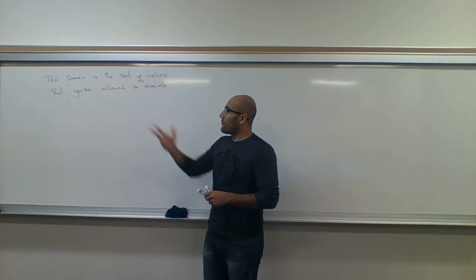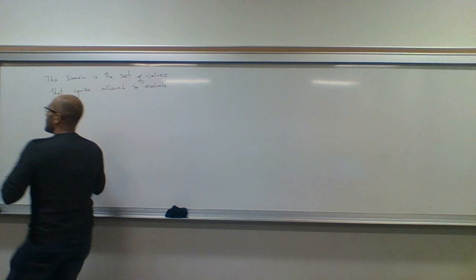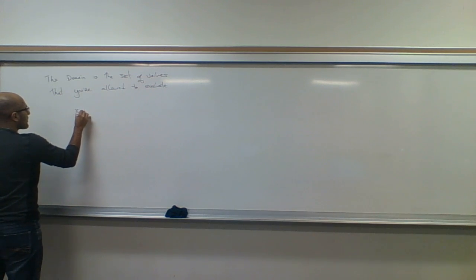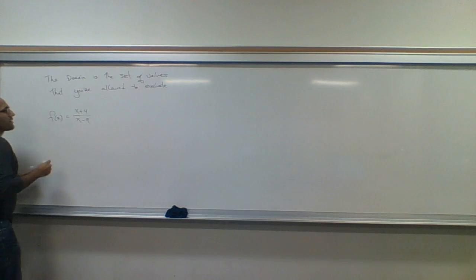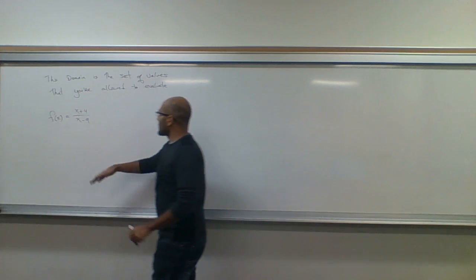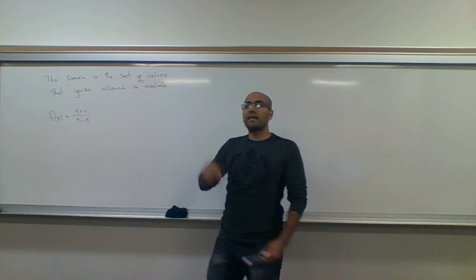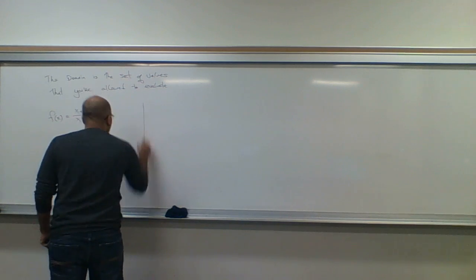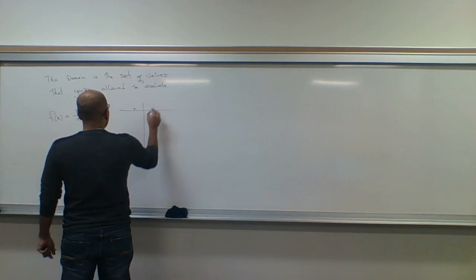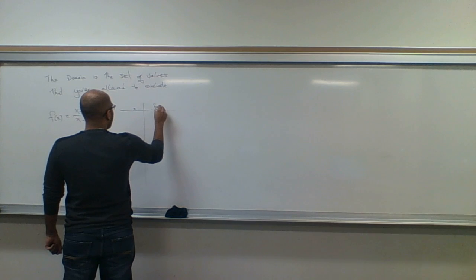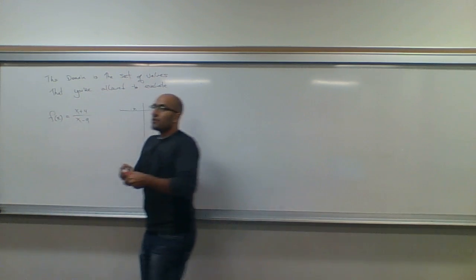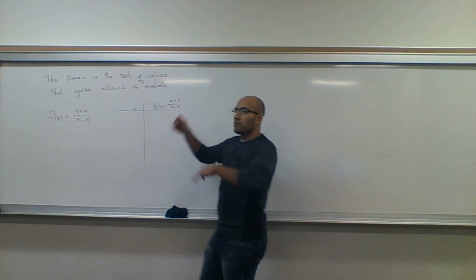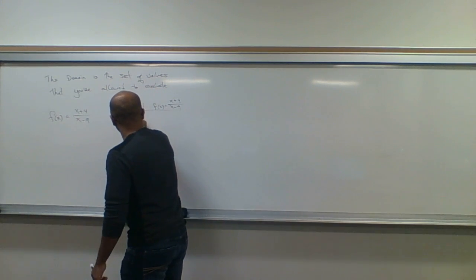So for example, let's look at x plus 4 divided by x minus 9. Let's say this is my rational function. Then I can ask you to evaluate this at lots of different numbers. Let's create a nice happy table here: x and f of x equals x plus 4 over x minus 9. We can plug in lots of different values, like let's say x equals 4.